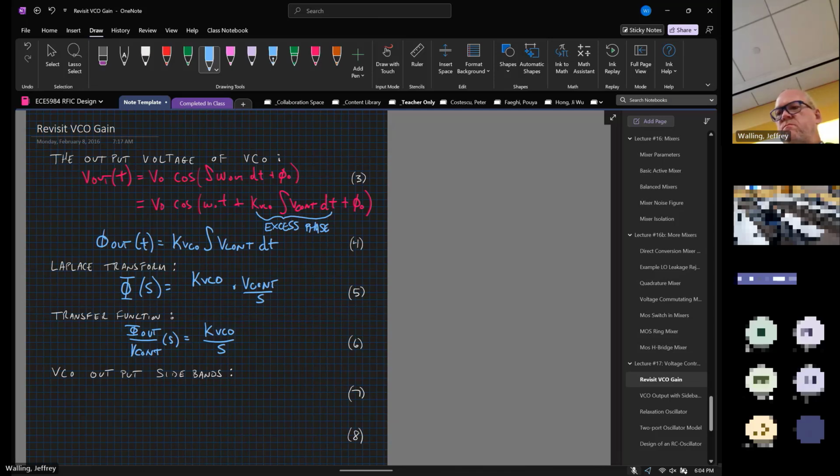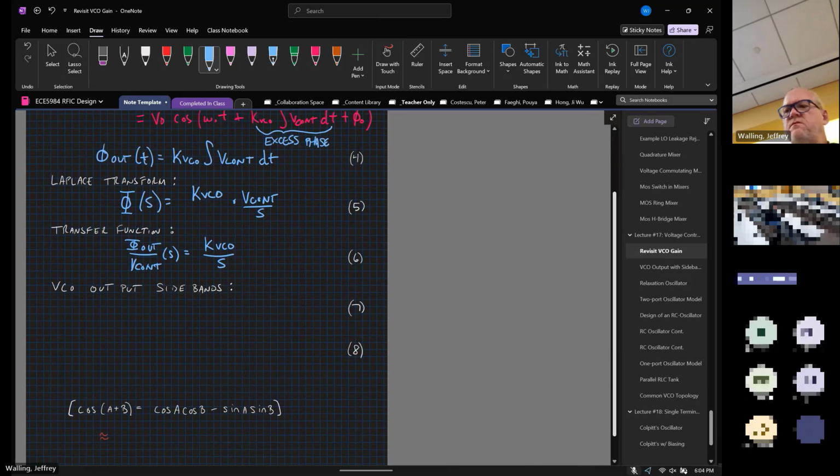All right, now we can modulate the VCO. So let's say that we made V control time varying. So let's say V control is equal to Vm times cosine of omega m times t, sorry.